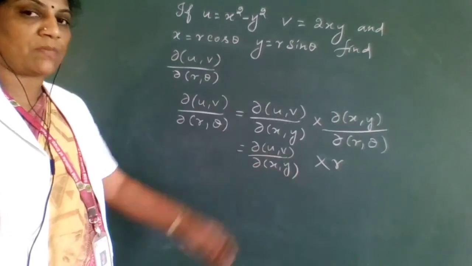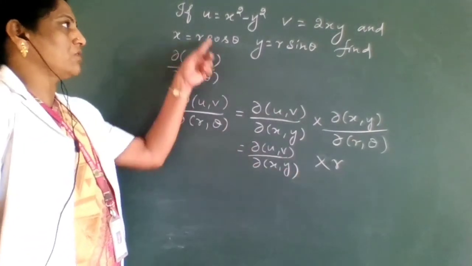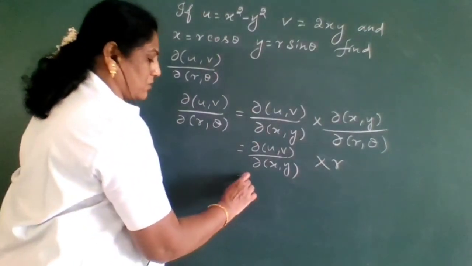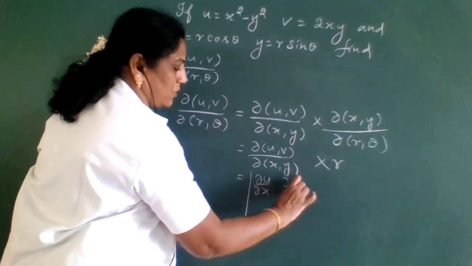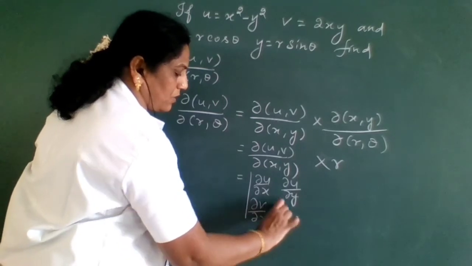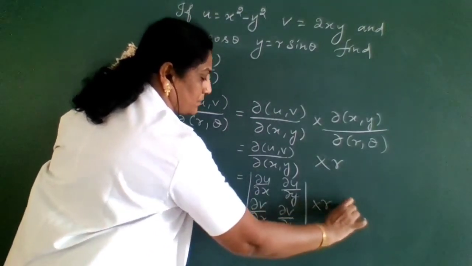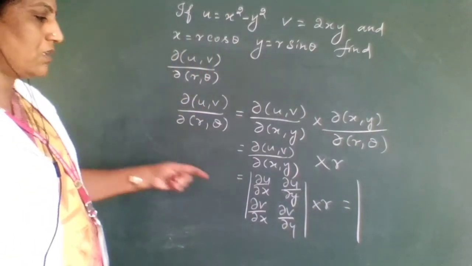So now we have to find only ∂(u,v)/∂(x,y). That is equal to the determinant of ∂u/∂x, ∂u/∂y, ∂v/∂x, ∂v/∂y, into r.